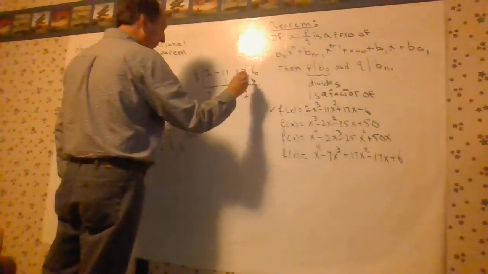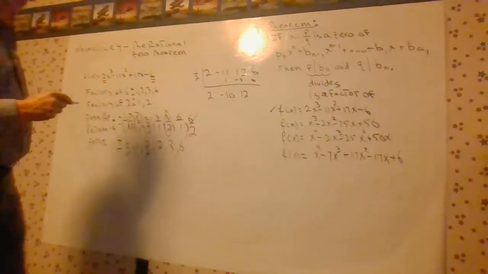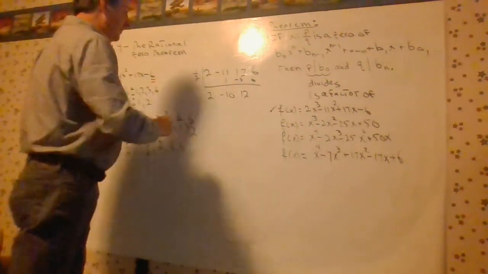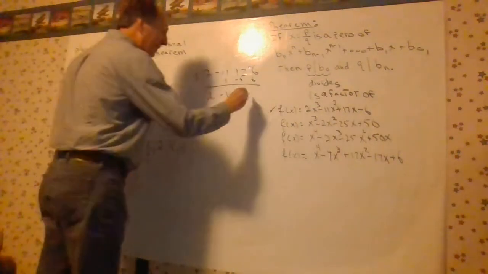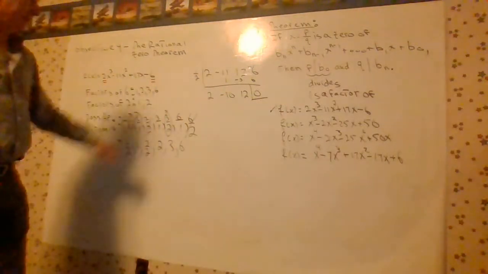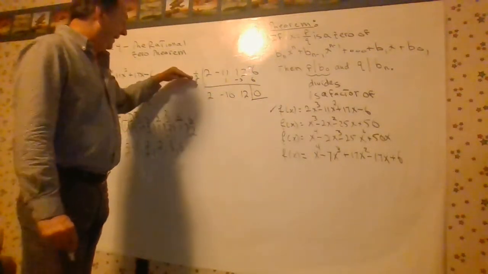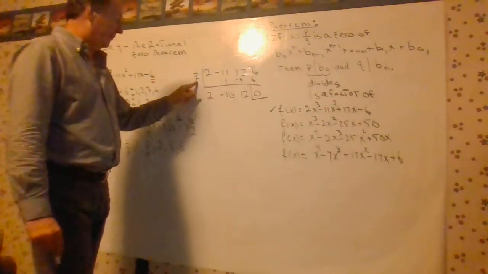Half of 12 is, I copied it wrong, should be negative 6. Sorry about that. 0. Okay, that's what we want. It divides in evenly. X minus 1/2 is a factor, so x equals 1/2 is a 0.